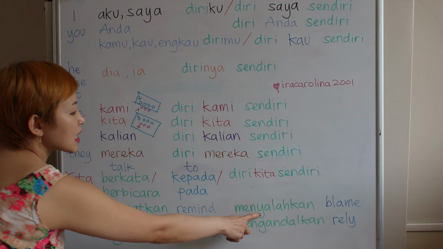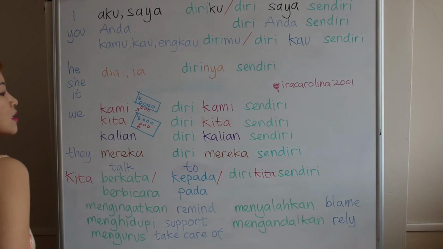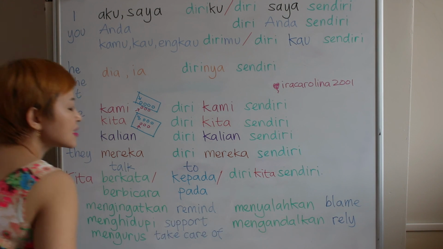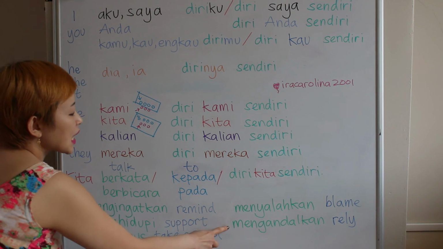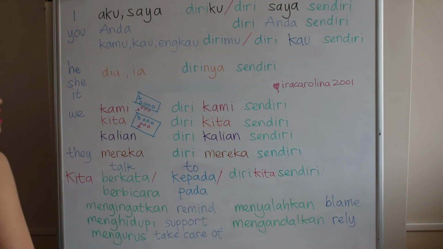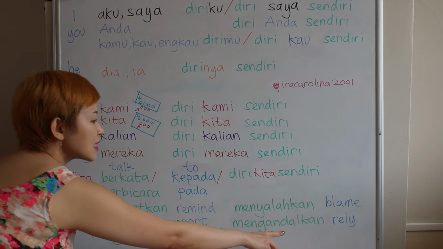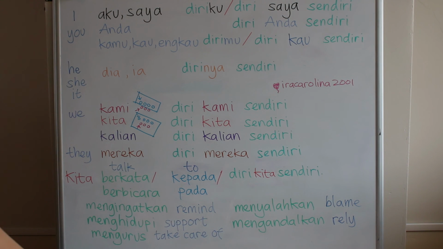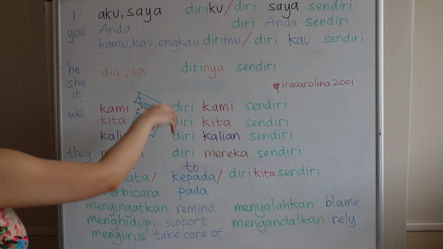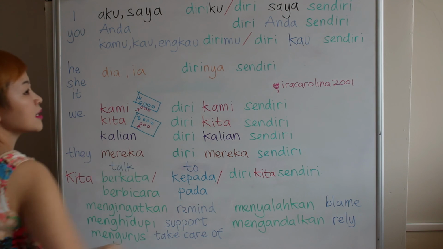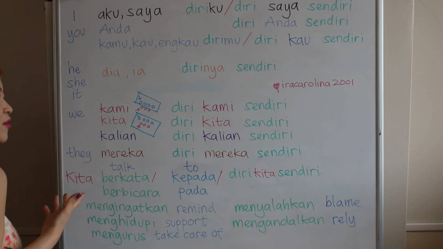Menyalahkan, this is menyalahkan, blame. Mengandalkan, mengandalkan, rely. So for these words, we use the diri, sendiri, self, myself, ourself, yourself, herself.